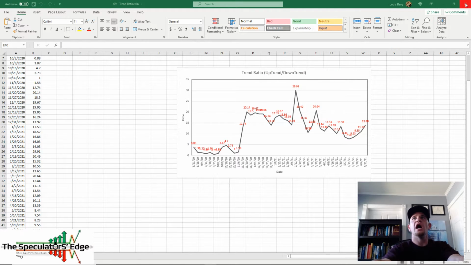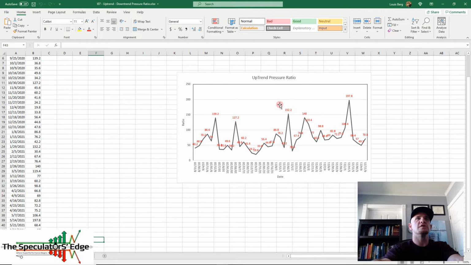Okay. The other one that we have is the Uptrend Pressure Ratio. We started increasing at the end of last week. We started increasing on the uptrend ratio or the uptrend pressure, and today we had a little bit more of an increase in the uptrend pressure. So all this is just a measurement.